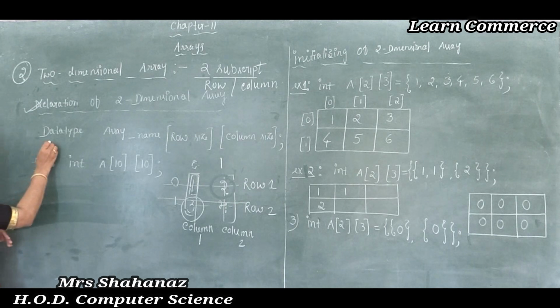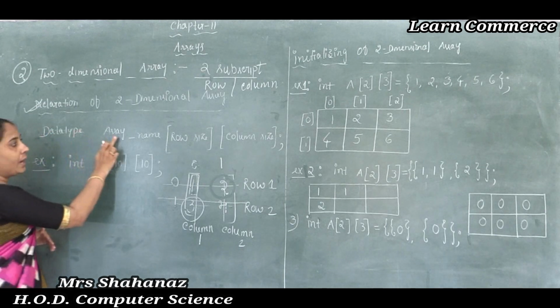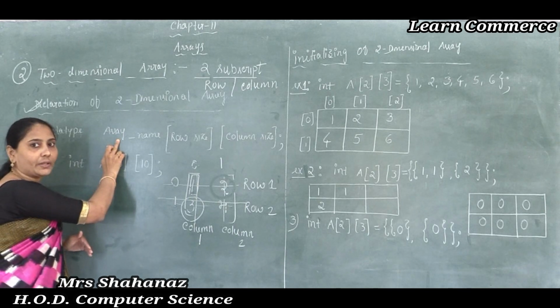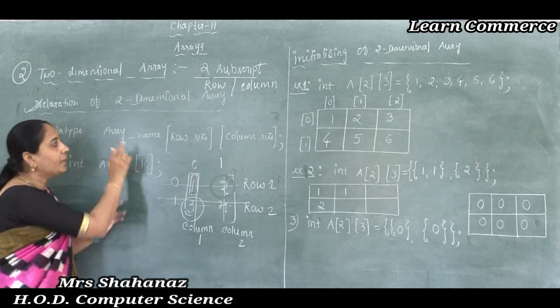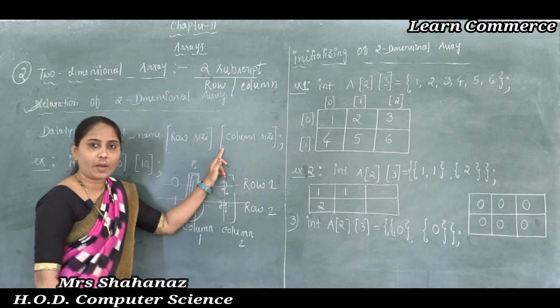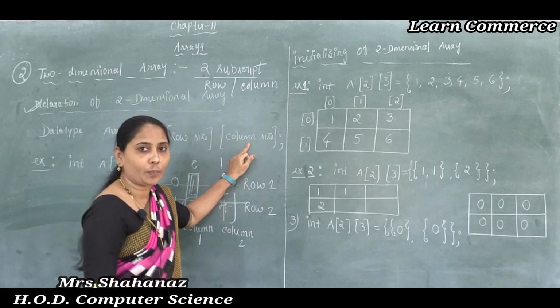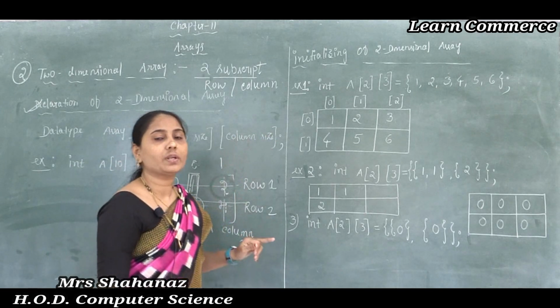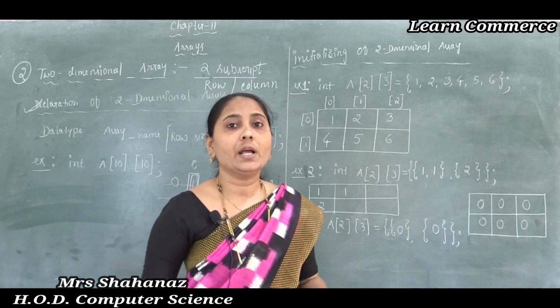Now the syntax of our two-dimensional array starts with data type, array underscore name. Instead of array underscore name, you can use array name, no problem. Then opening square bracket, row size, closing square bracket. Again we open a square bracket, column size, closing square bracket and semicolon. So clear this point.